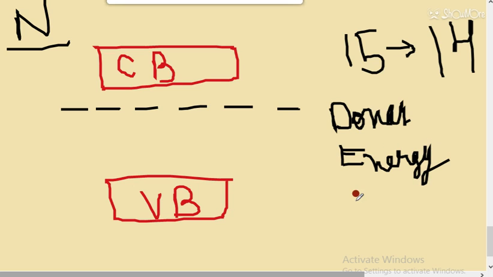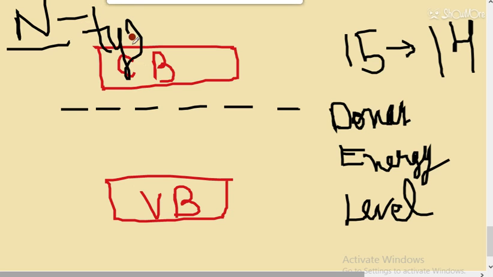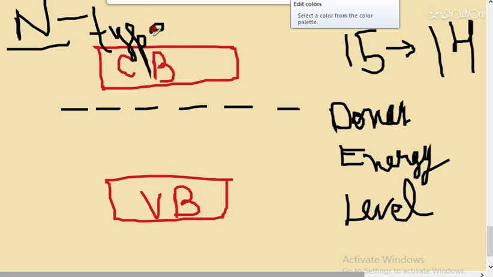Now where will the question come from, students? The question can be asked: draw the energy diagram for n-type of semiconductor. The second question can be: does the donor level lie above the conduction band, below the conduction band, just above the valence band, or just below the conduction band?